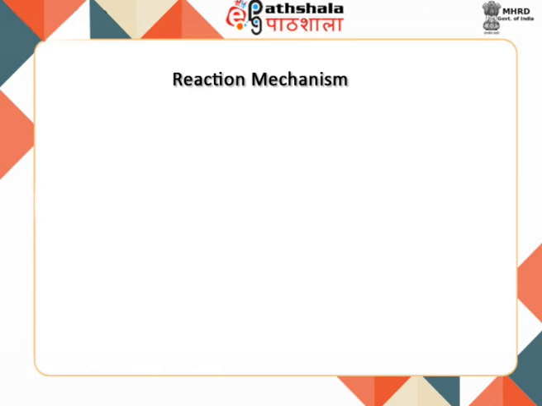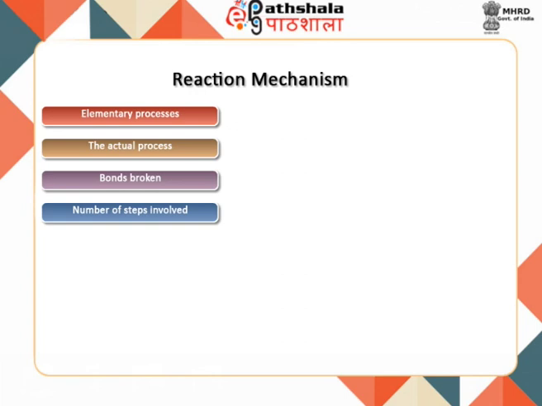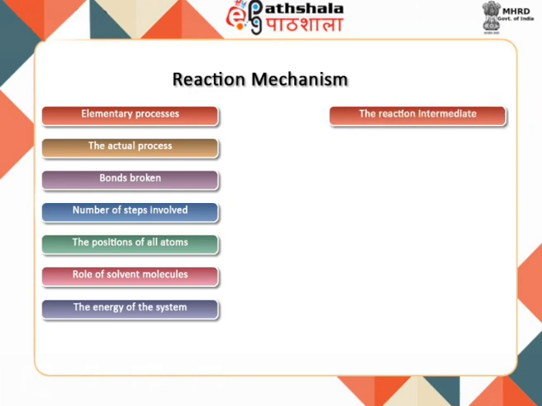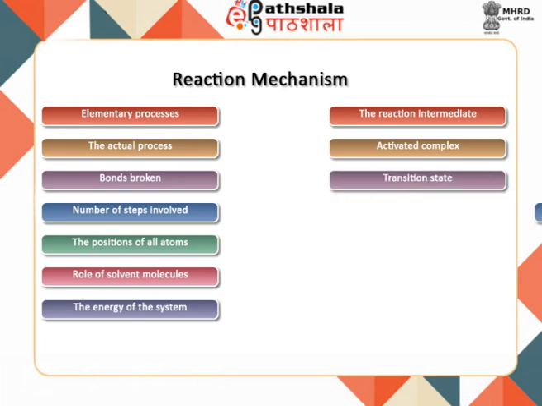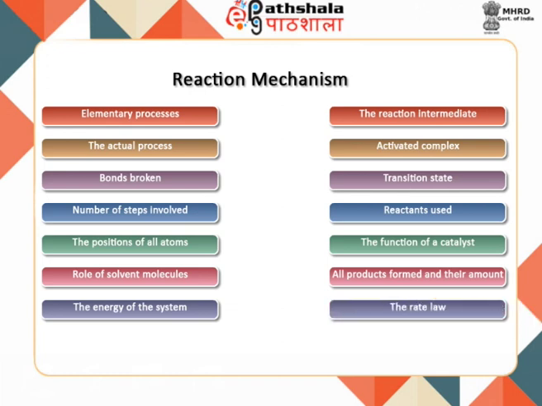It considers the following aspects: elementary processes, the actual process, bonds broken, number of steps involved, the position of all atoms, role of solvent molecules, the energy of the system, the reaction intermediate, activated complex and transition state, the reactants used, the function of a catalyst, all products formed and their amount, and the rate law.